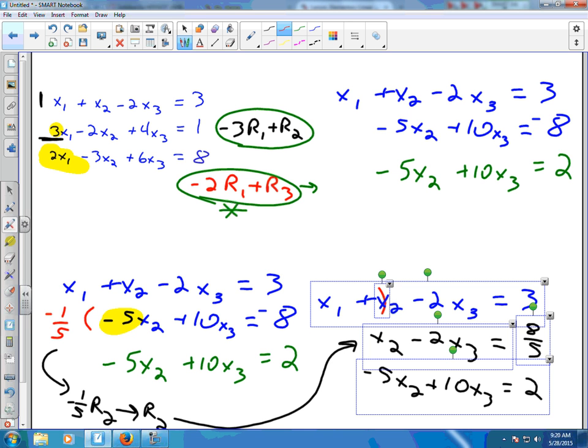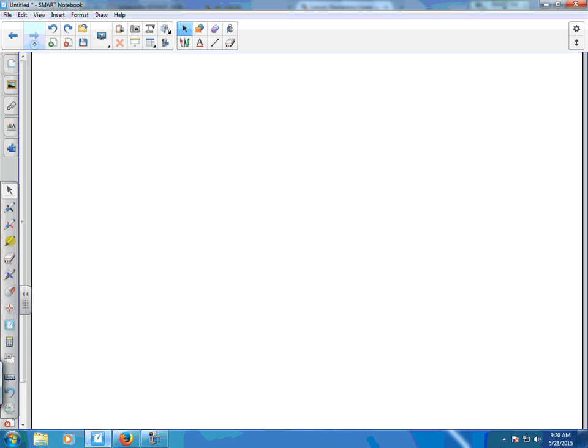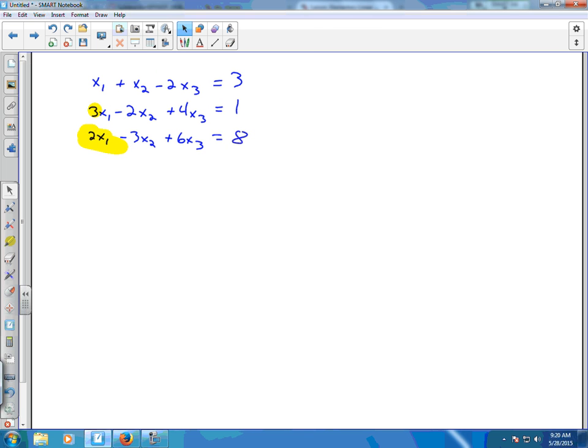So if we could cut all of those x of 1, x of 2's, x of 3's out of this business and just have the coefficients, this would be a little less messy. So let's just take that system of equations and let's form a matrix out of that.